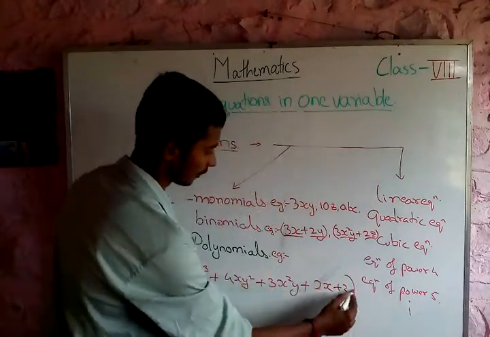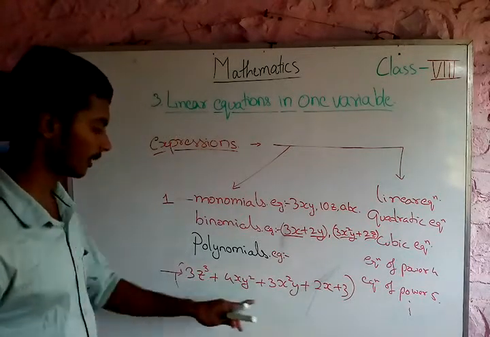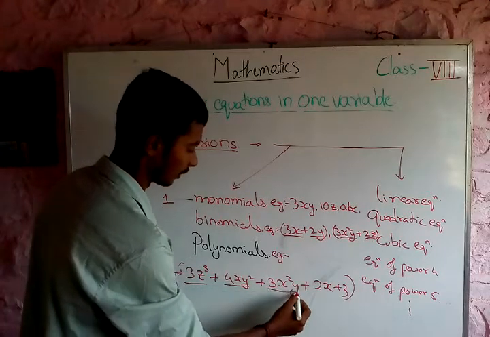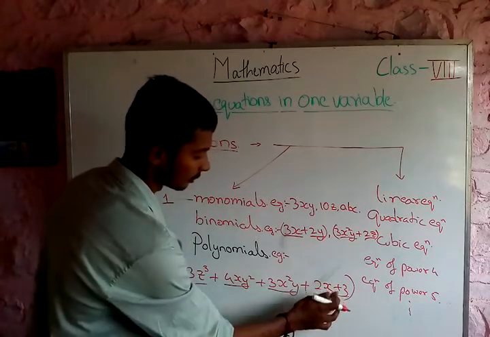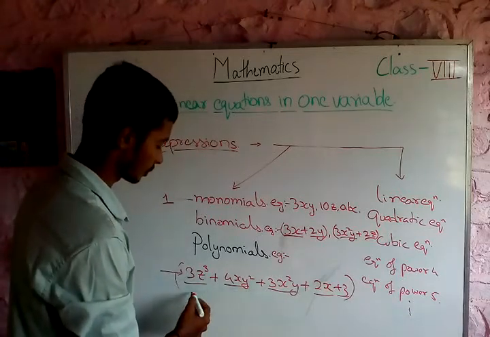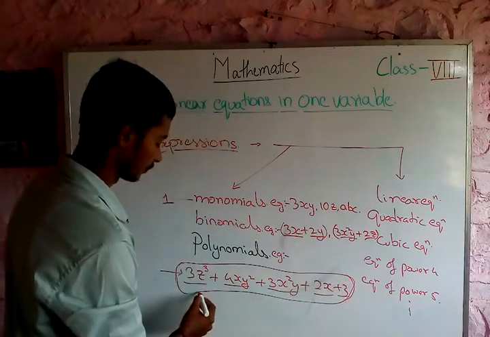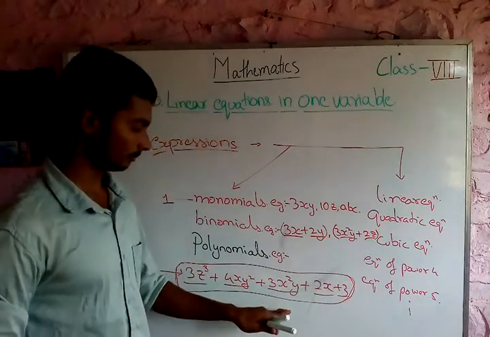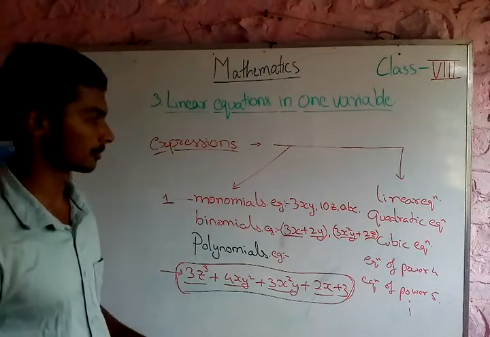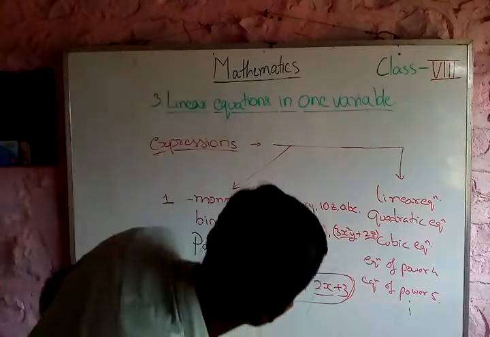Okay, now see here, this is only one expression, but you have so many terms in it, more than two terms. So expressions of this kind are called polynomial expressions. Okay, now this is one type of classification.